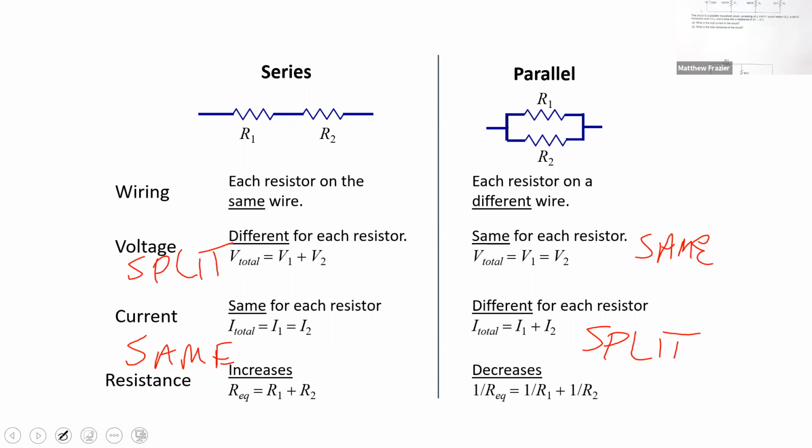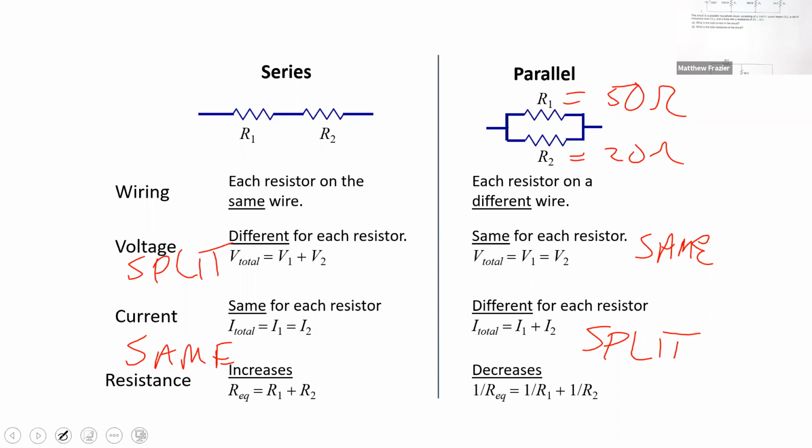But you should also check, let's say R1 here is 50 ohms and R2 is 20 ohms. If you're adding those in series, you have to get a total resistance that's higher. You have to get 70, and 70 is bigger than 50. If you're adding them in parallel, then you have to get a resistance lower than the smallest one, because it's got to be easier for current to flow through the circuit than if you just had the smaller one.